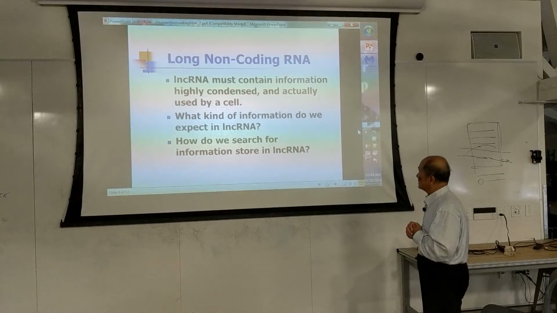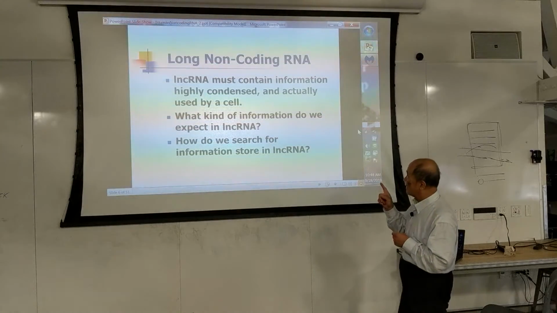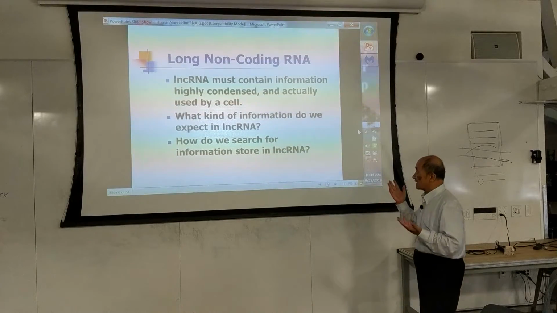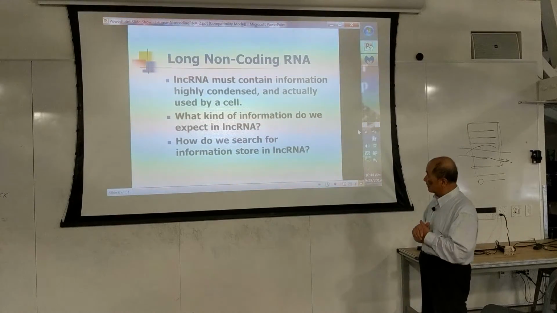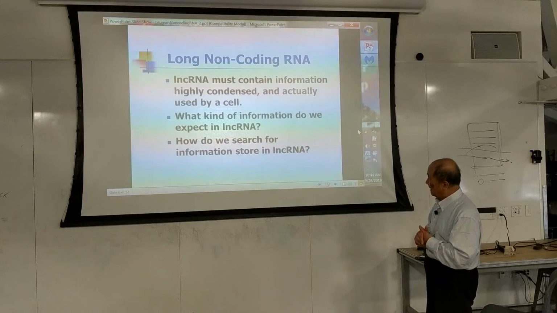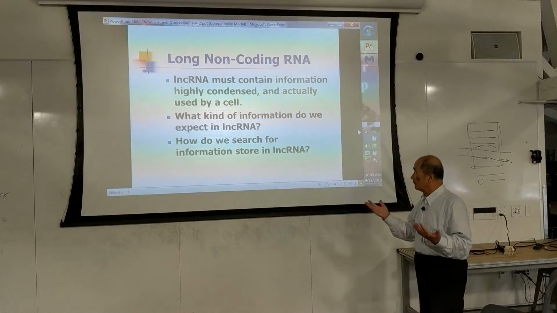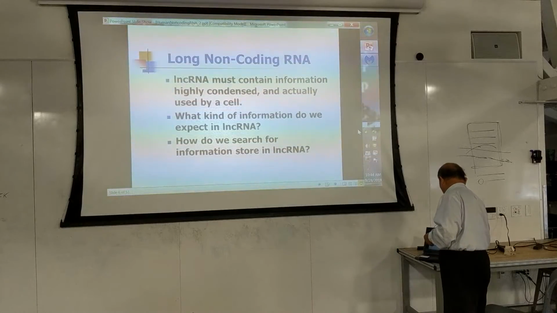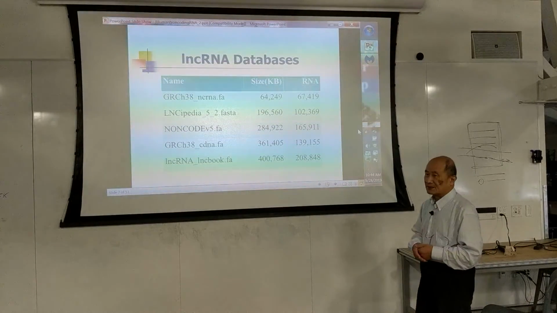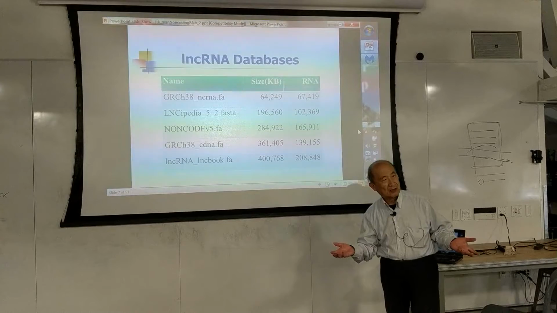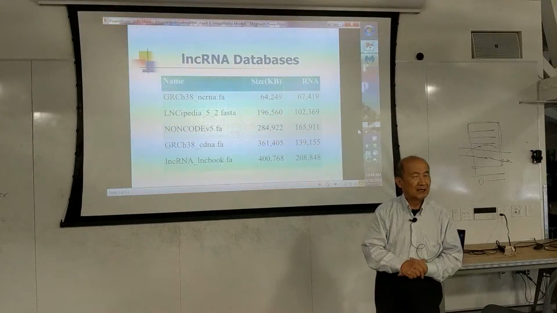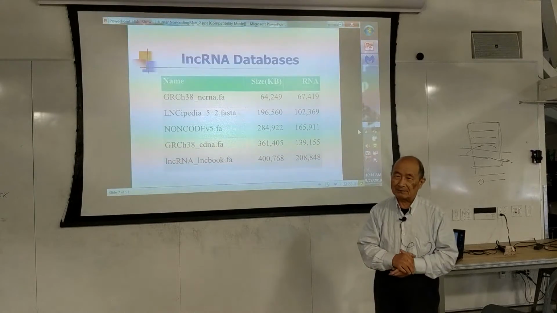Now, what kind of information do we expect in long non-coding RNA? How do we search for information stored in the long non-coding RNA? My mistake last year was looking for information in DNA, and I was disappointed in not finding anything useful there.